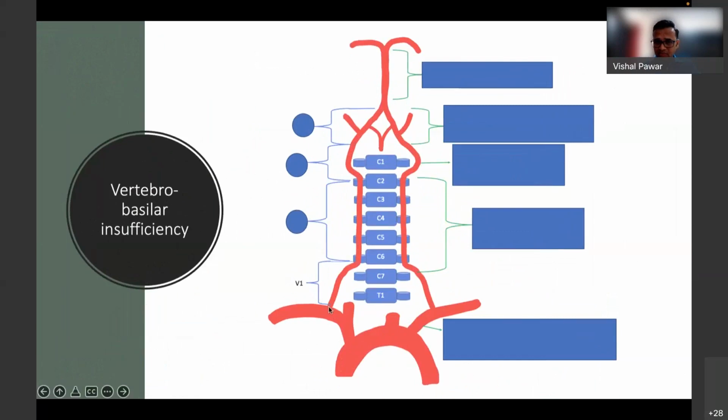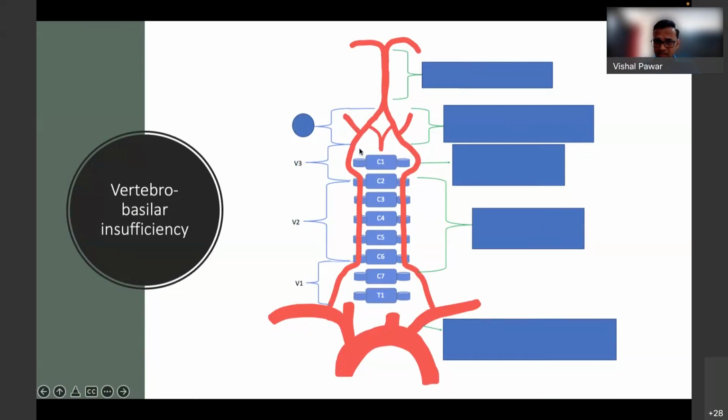After arising from the first part of the subclavian till it reaches the vertebral foramen of C6, it is V1. V2 is from the vertebral foramen of C6 to C2. V3 is after it comes out of C2 and pierces the dura mater.